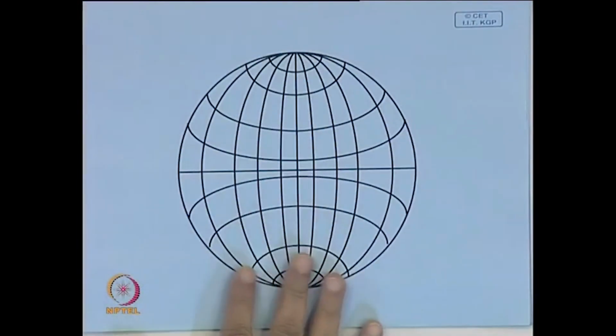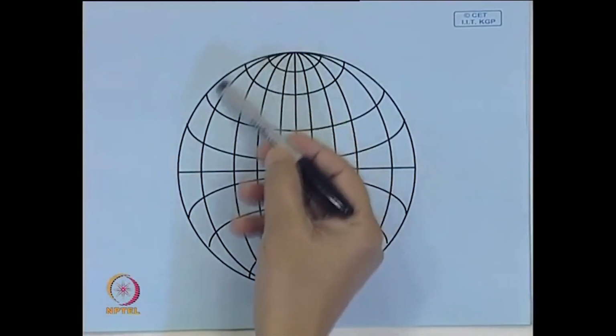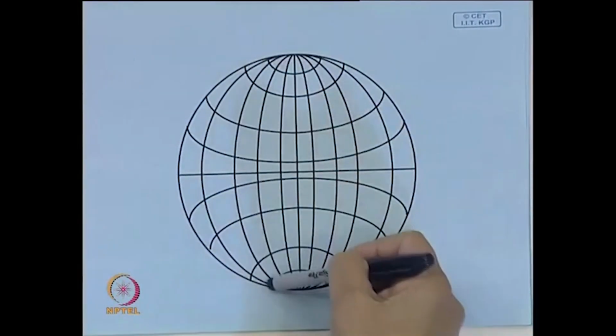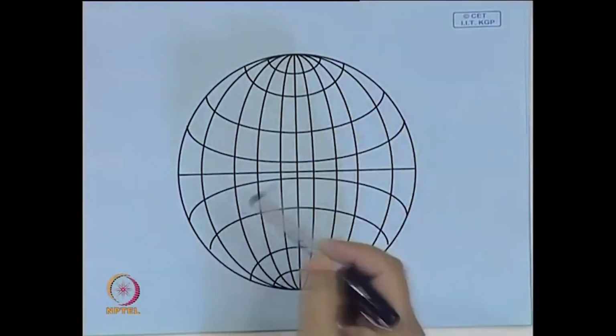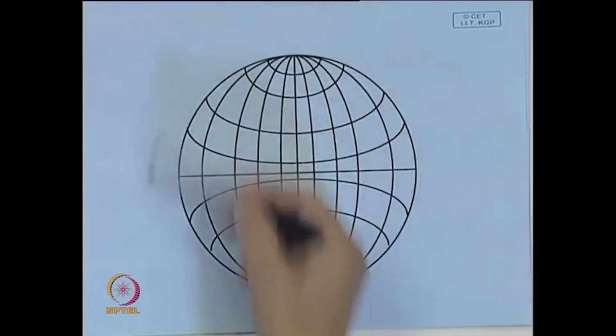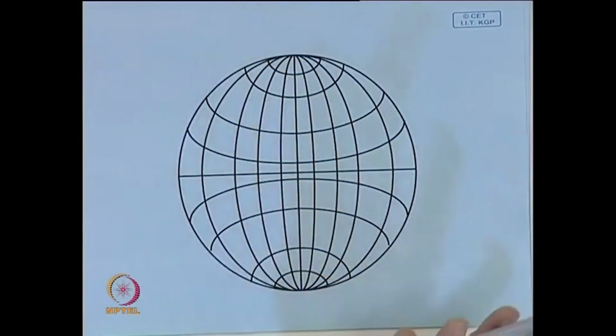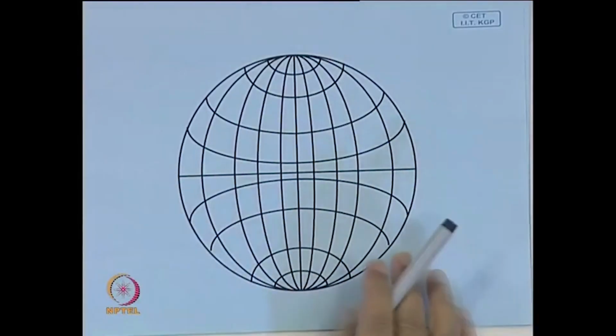A typical Wulff net figure is like this. Here all these are the great circles, and these have a diameter equal to the diameter of the reference sphere. You can clearly see that the distance relationship is not maintained, but the angular relationship is maintained.